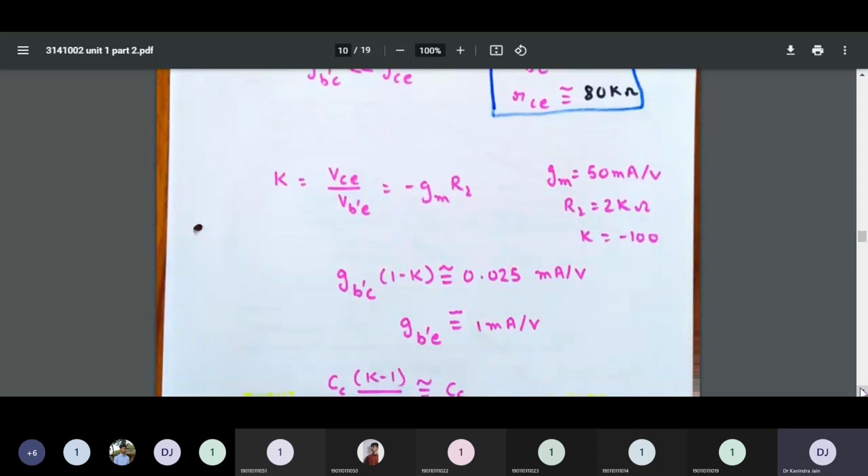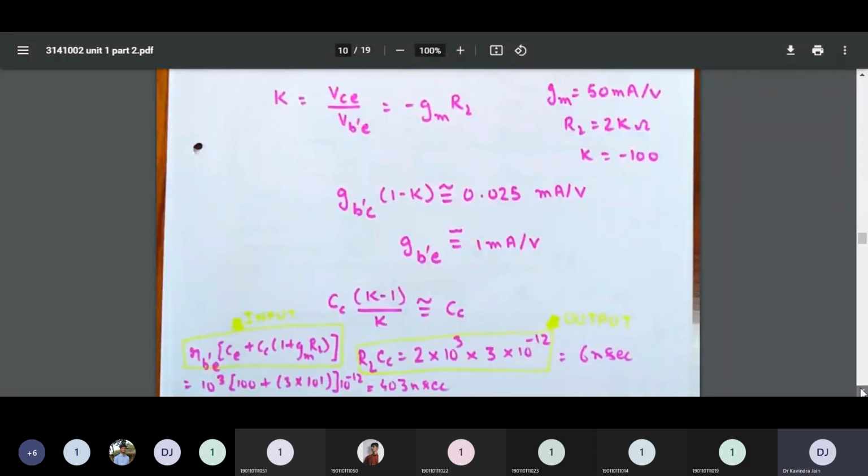From this particular thing, we calculated RL into CC. So as compared to the input, the output time constant is not so important, if and only if the transistor is operating in a highly capacitive load. Then and only then the coupling capacitor comes into the picture and the output time constant will dominate.